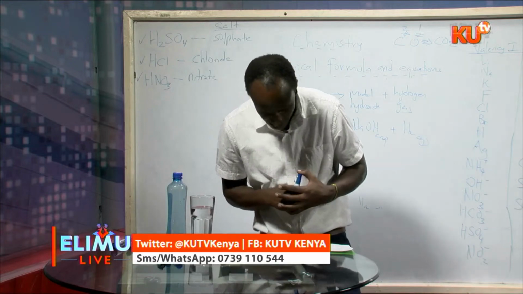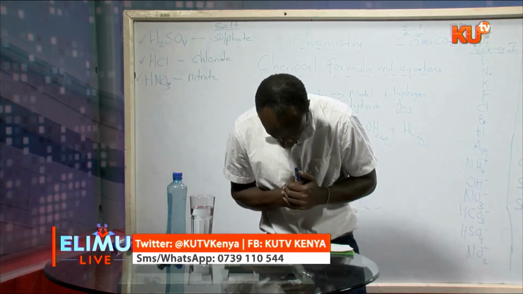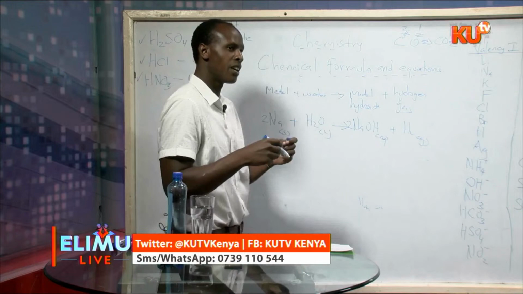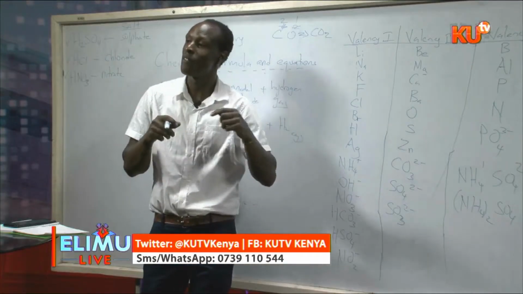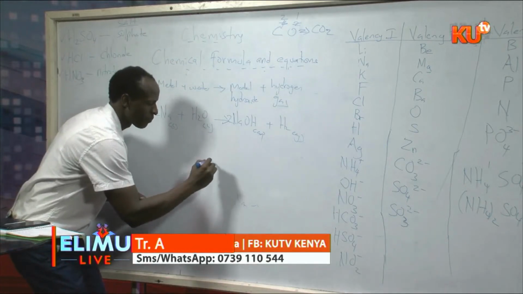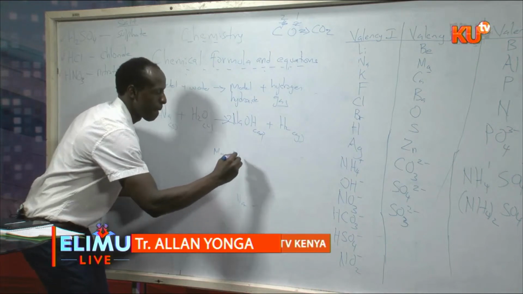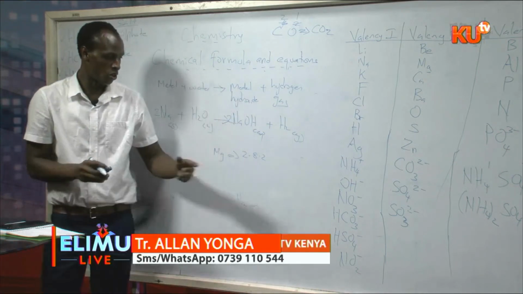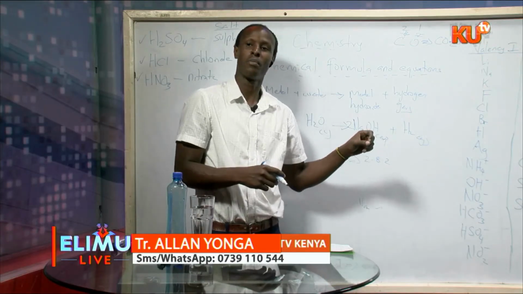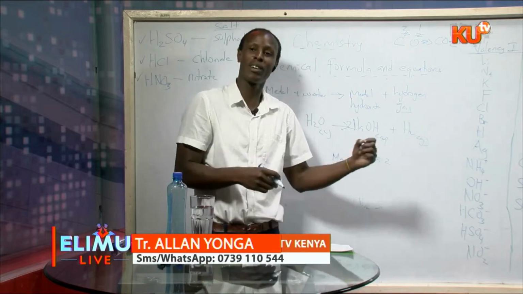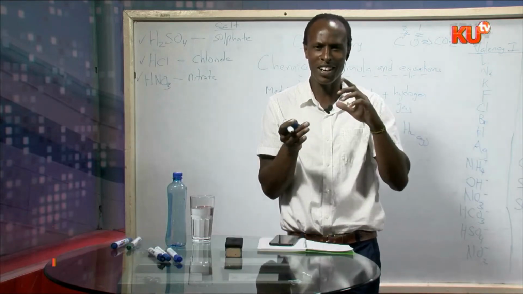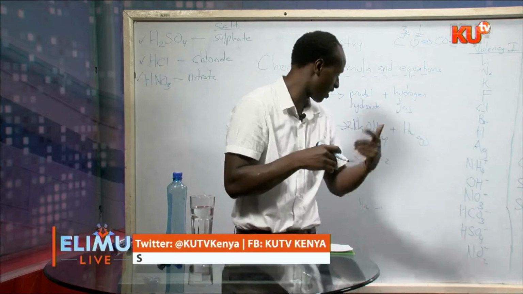What's the difference between valence and valency? Valency is how many electrons it loses or gains. Valence is outermost. You see, when you are drawing, like if I want to draw magnesium, Mg, 2,8,2, the valence electrons are 2. We call them valence electrons because they are outermost. But now the valency of magnesium is 2. There's a small difference, like between a noun and an adjective. An English teacher can elaborate more on that.